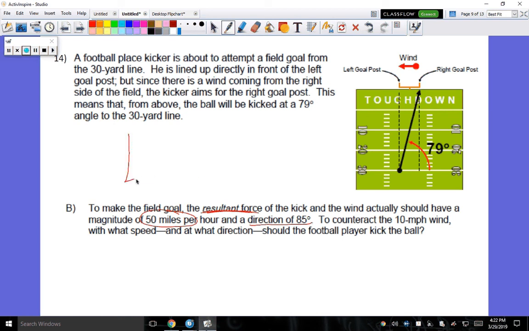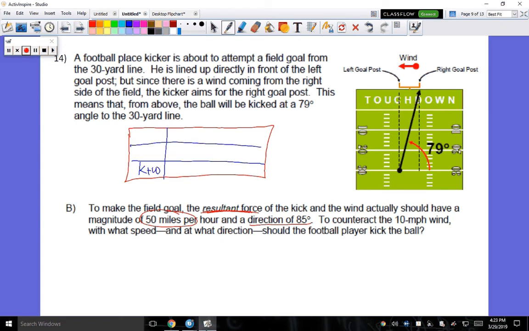Okay, so let's come over here, and we're going to say this time that our resultant, which we can say is K plus wind, that the magnitude is 50 miles an hour, and that the direction should be 85 degrees. So to counteract the 10 mile per hour wind, so W for wind, and it's 10 miles an hour, with what speed and what direction should the football player kick the ball?